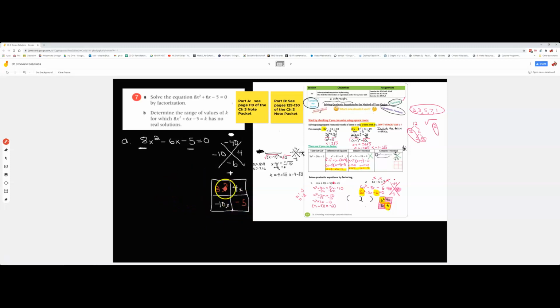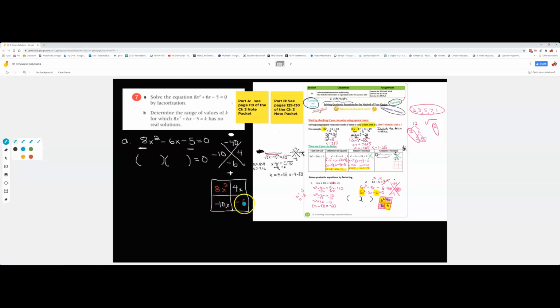Okay, now what I'm going to do is take the GCF of each row and each column, and that's going to give me the terms that are in the two binomials that multiply together to make this factored. So when I do my GCF, I got a negative 10x and a negative 5.